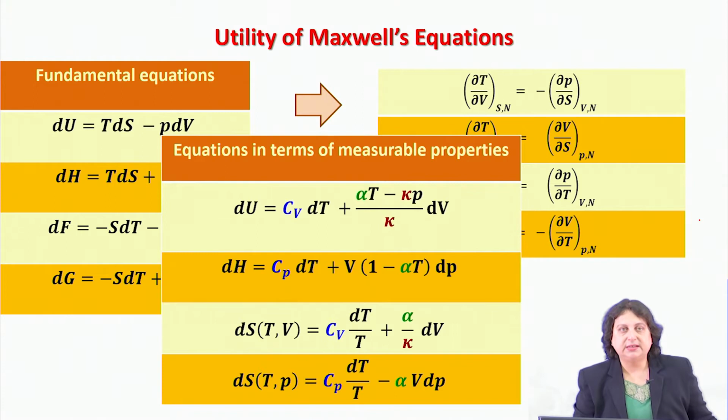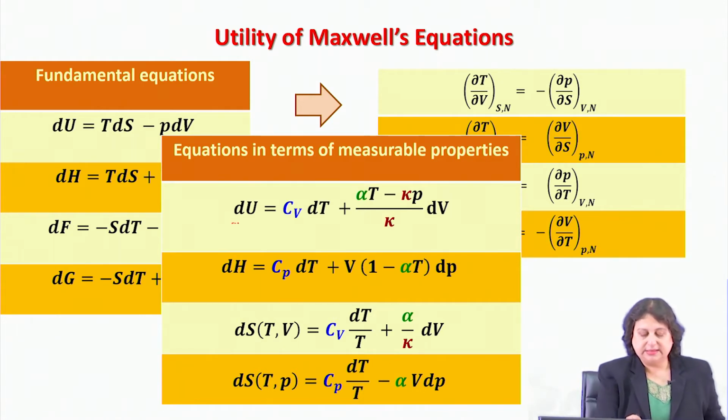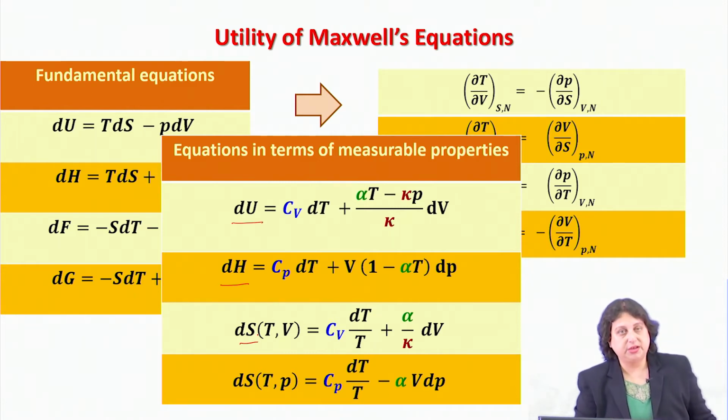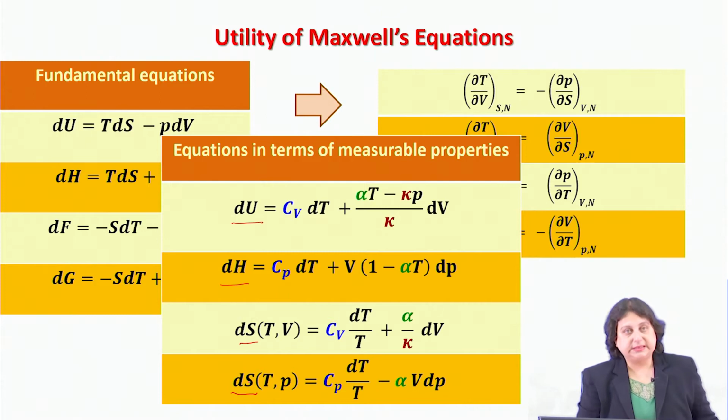so that irrespective of what the system is, whether it is an ideal gas, real gas, a liquid or a solid, I would be able to find out quantities like du, dh, ds under constant temperature volume condition, or ds, that is the infinitesimal change in entropy under the conditions of constant temperature and pressure, in terms of measurable properties such as Cv, Cp, alpha and kappa.